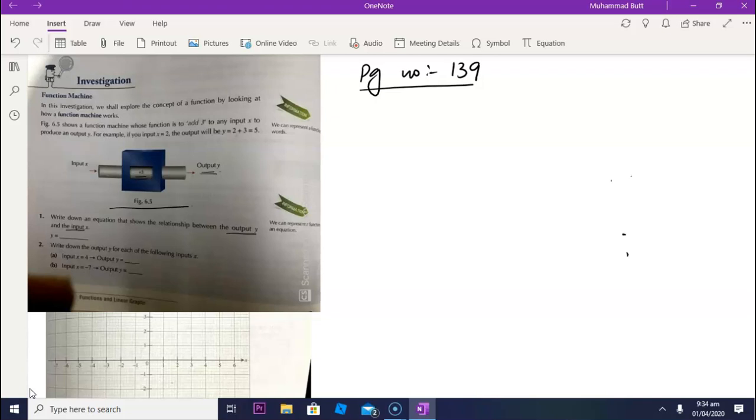So it means that you are going to find out the equation of the function as 3 is added to the input. If input is x, 3 should be added. So we can say that y is equal to x plus 3. So the equation of the function would be y equals x plus 3.